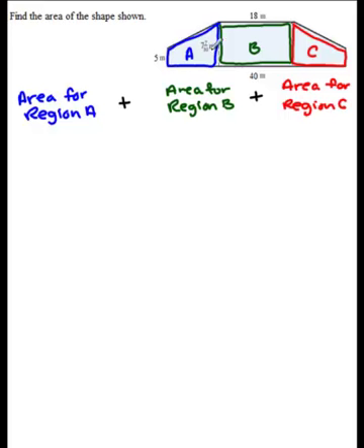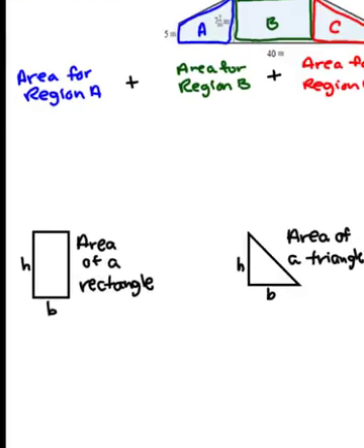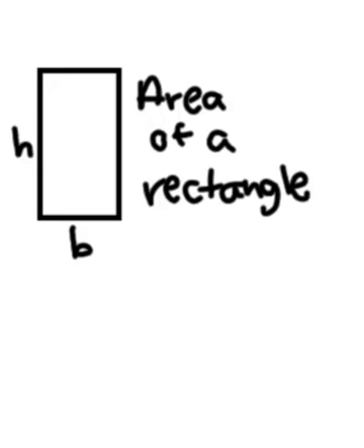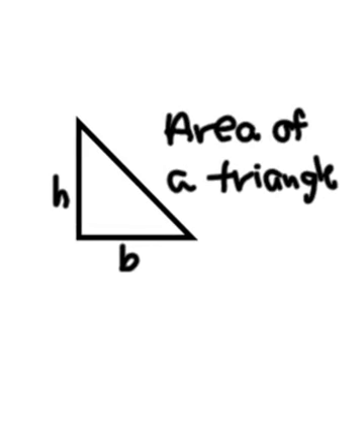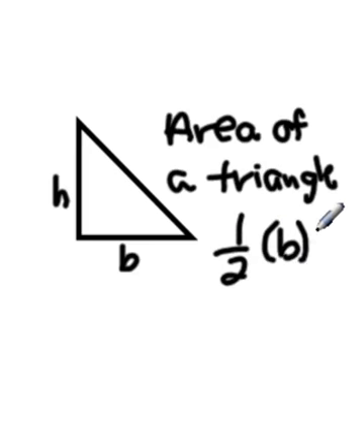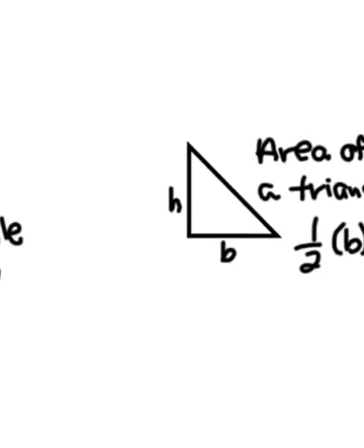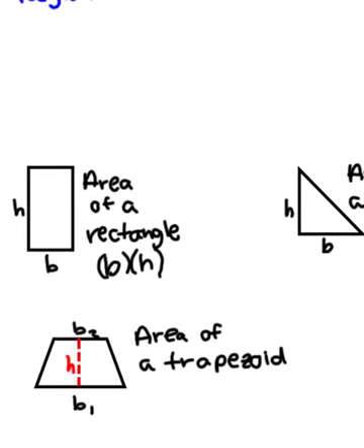Region A is a trapezoid. We need to know the formula for the area of a trapezoid. The area of a rectangle is base times height. The area of a triangle is 1/2 the base times the height. But we have a trapezoid.